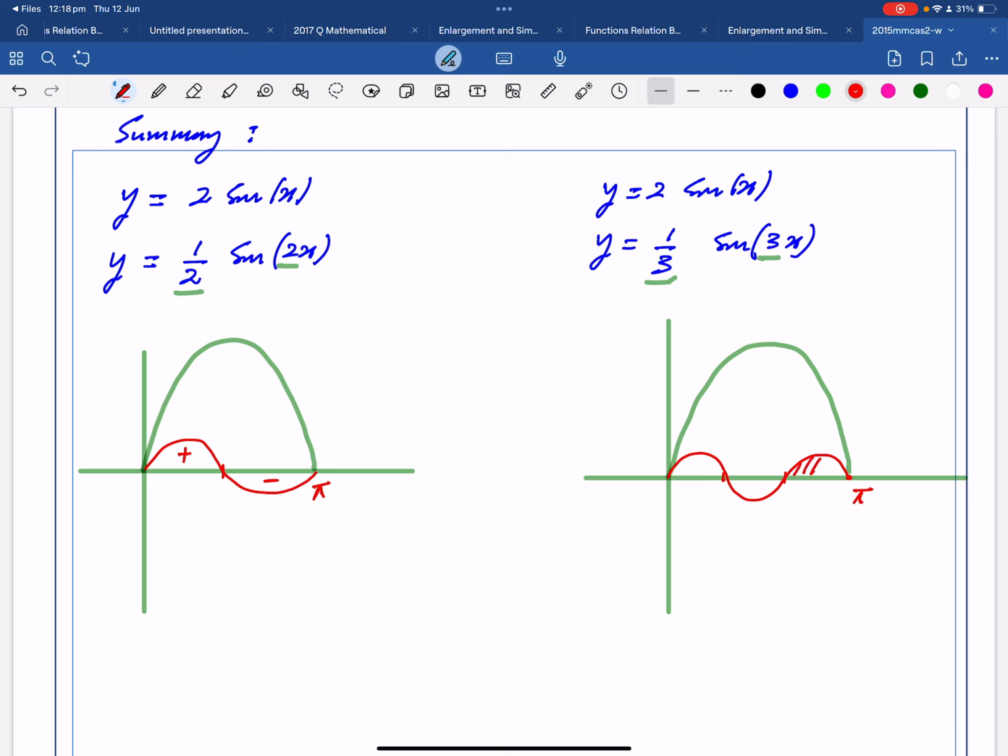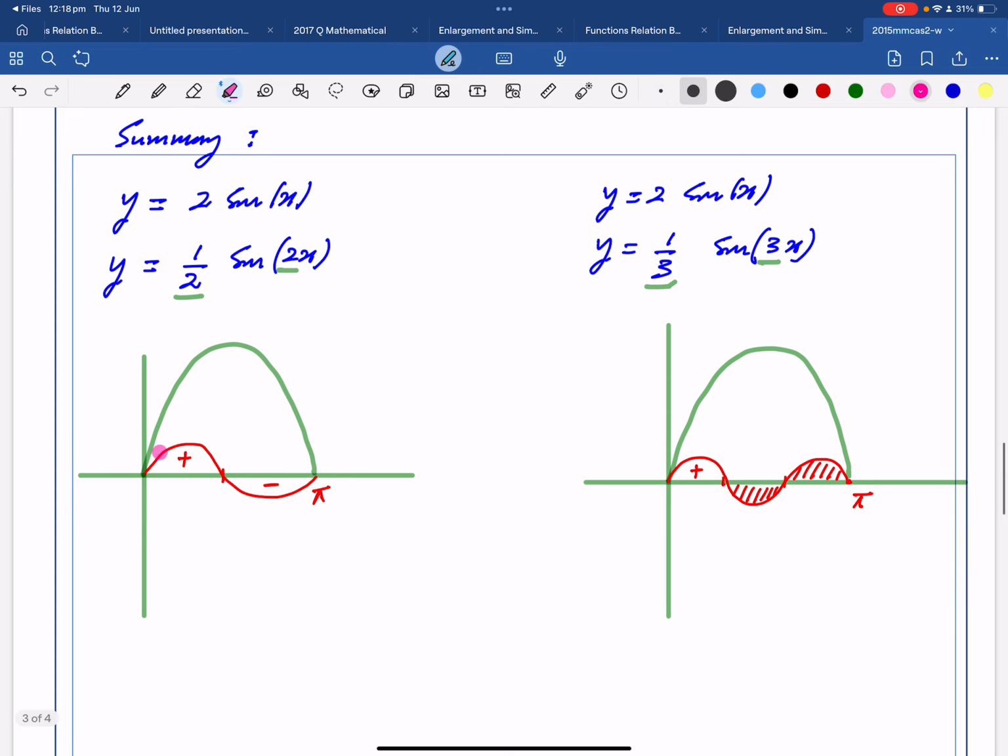These two will compensate each other, meaning if you try to find the area, those two will cancel each other, but this positive one survives. Now, which area are we talking about? This area.